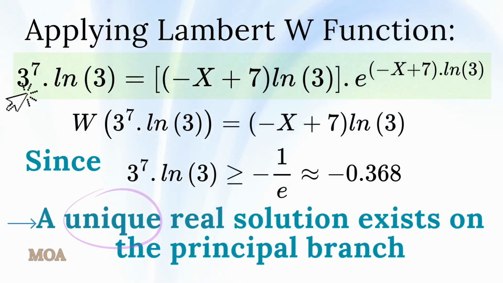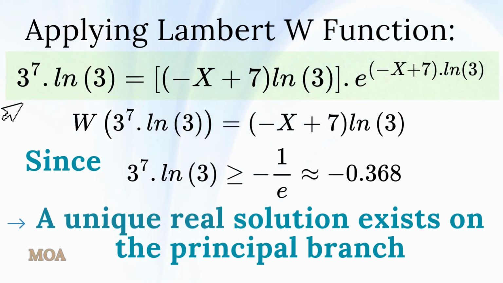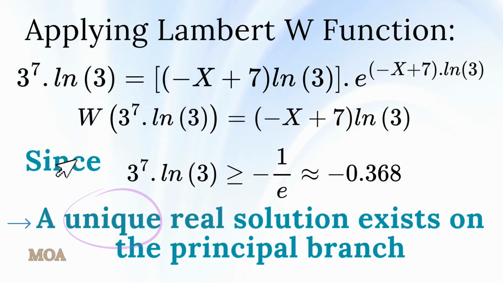Now, applying the Lambert-W function to both sides of our equation, 3 raised to the power of 7 times the natural logarithm of 3 equals negative capital X plus 7 times the natural logarithm of 3 times e raised to the quantity negative capital X plus 7 times the natural logarithm of 3, allows us to write the Lambert-W function of 3 raised to the power of 7 times the natural logarithm of 3 equals negative capital X plus 7 times the natural logarithm of 3.